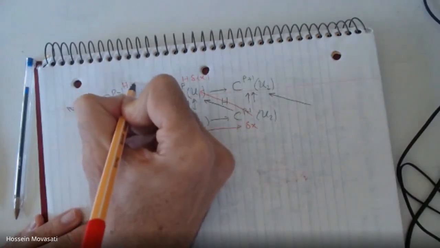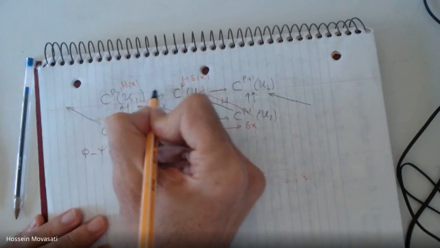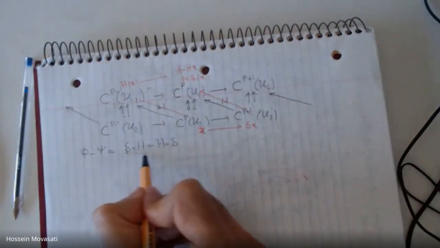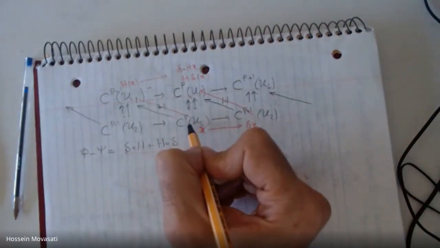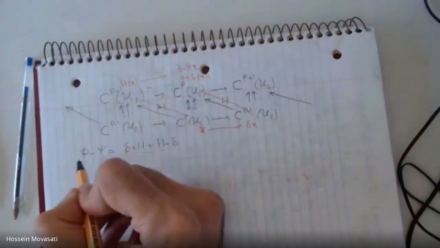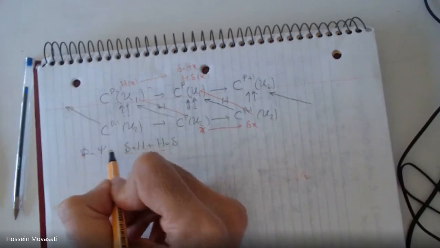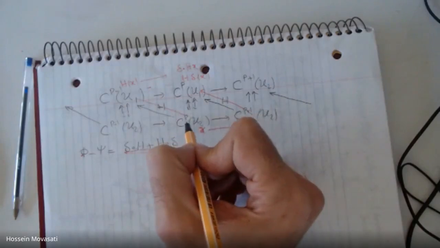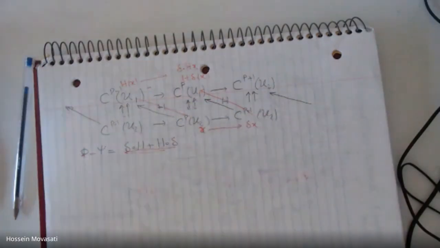I will get hx, and then from here I take the delta, and then I will have delta hx. So at the end of the day, these compositions will be from C P U2 to C P U1, and so both phi minus psi and both these maps go from C P U2 to C P U1.